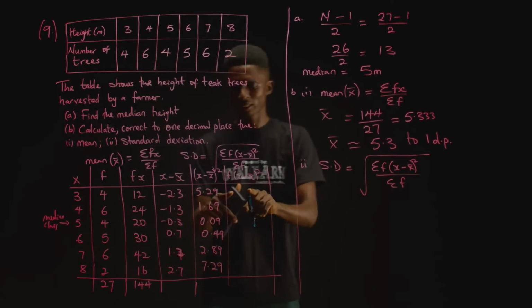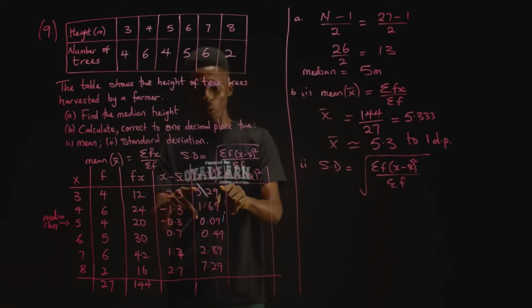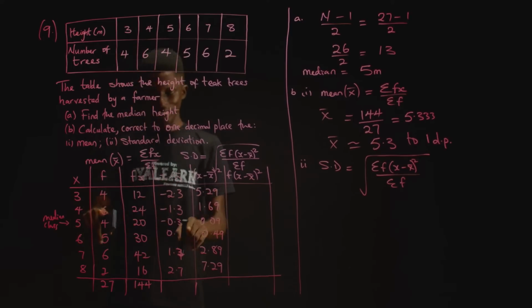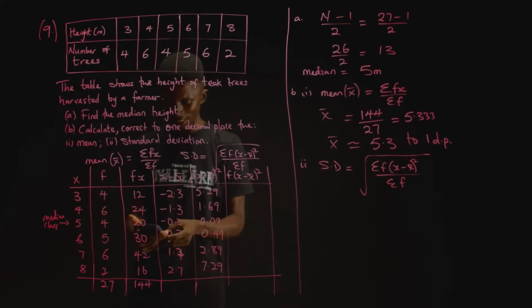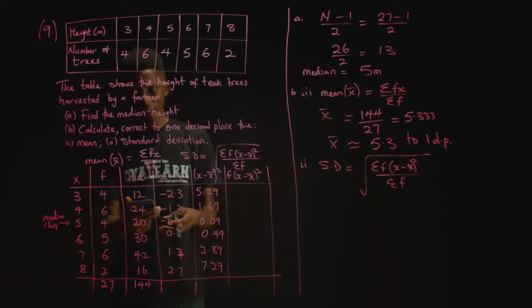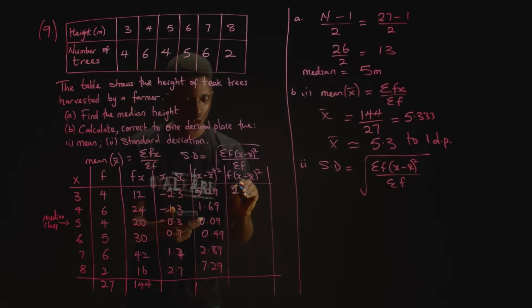Now this other part means we have to multiply what we have here by the frequency. So 4 multiplied by this, 6 multiplied by this, and on like that. So we start with 4 multiplied by 5.29, and that would give us 21.16.